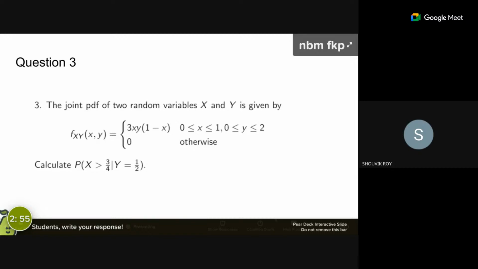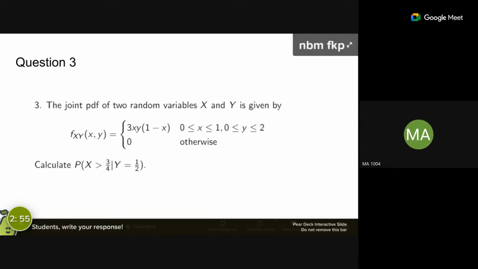Ma'am, for marginal, we have to integrate over x. Integrate the joint PDF over the limits of x, 0 to 1. No, not 0 to 1, I think it's 1 by 2 to 1.